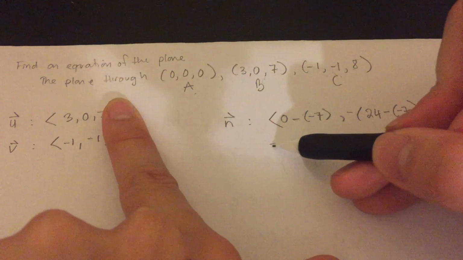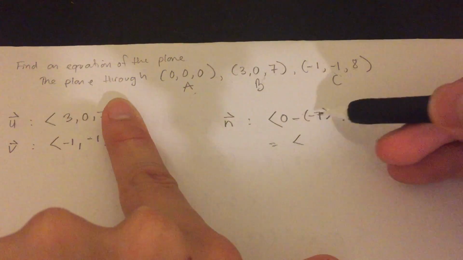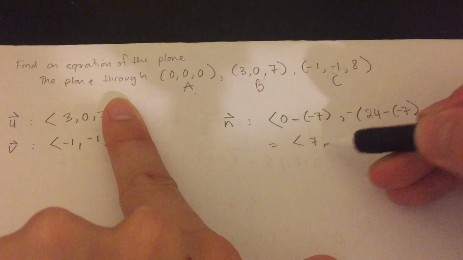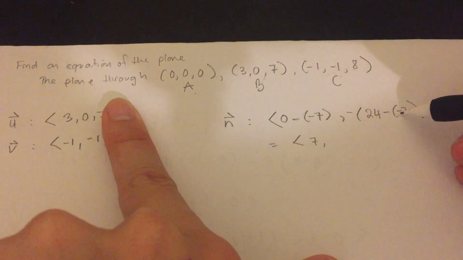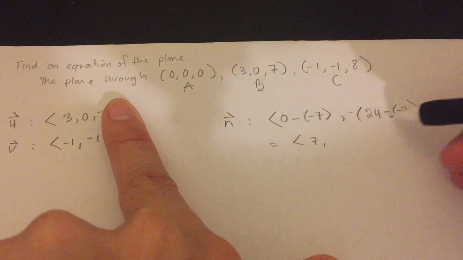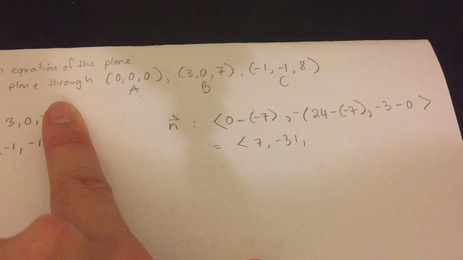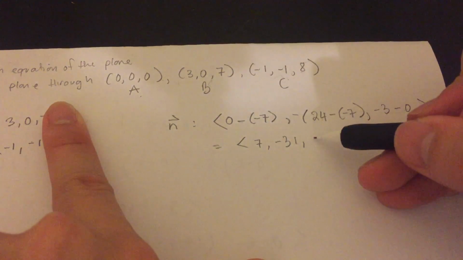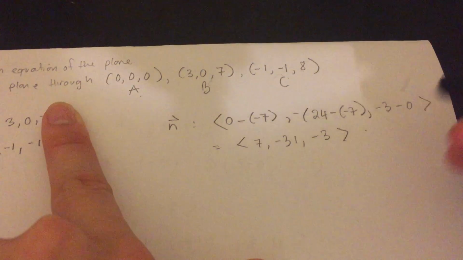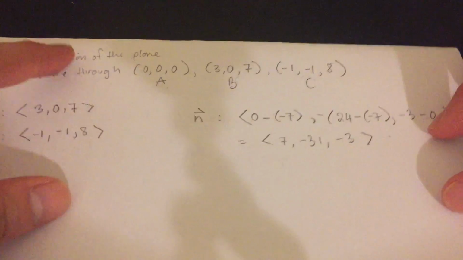Now you can simplify. A negative and a negative is positive, so 24 plus 7, 31, -31. And this is -3. Now you have the normal vector.